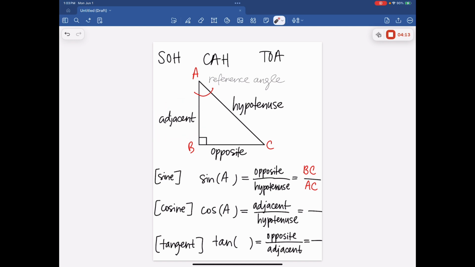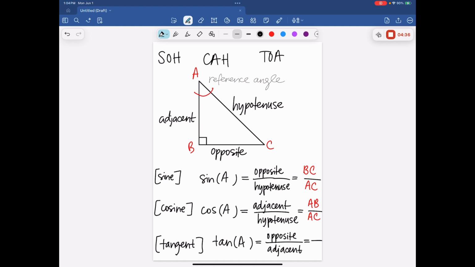The adjacent, if we're looking back at my right triangle here, is going to be AB, whereas the hypotenuse stays the same because this is still directly across from my 90-degree angle. So the cosine of A is going to be the adjacent, side length AB, over the hypotenuse, which is still AC.